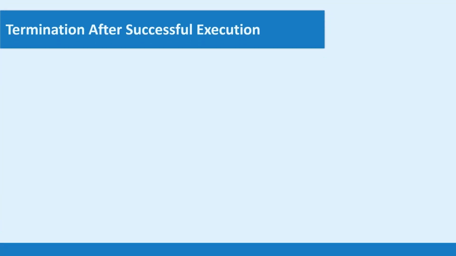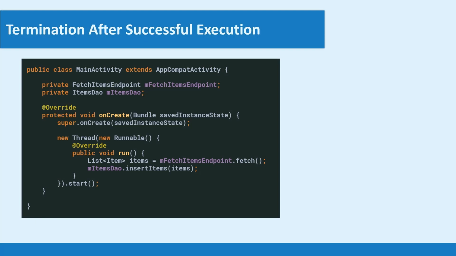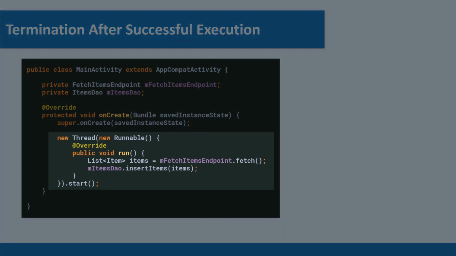So, successful execution. Let's say we've got this main activity that instantiates a new anonymous thread, and inside this thread we basically do two things. One, fetch some items from an endpoint, and then after we get these items, we want to insert them into our local database.